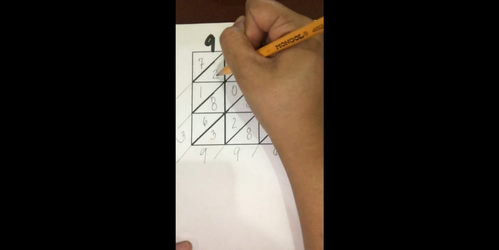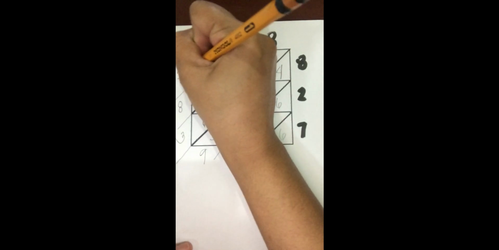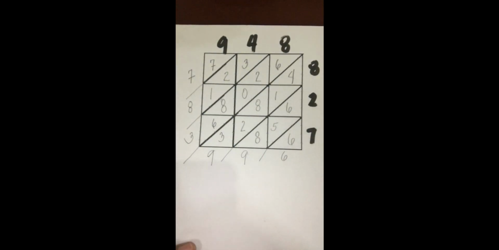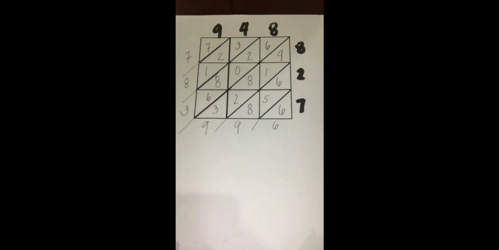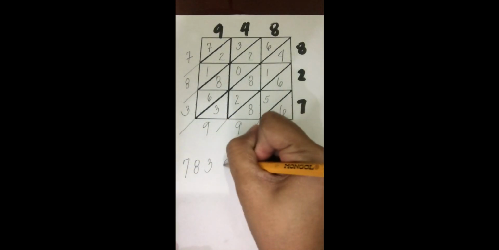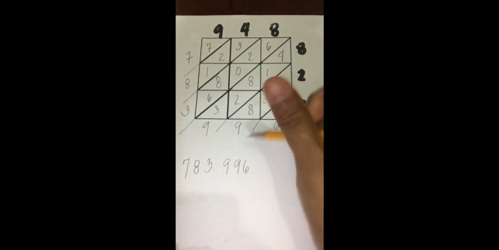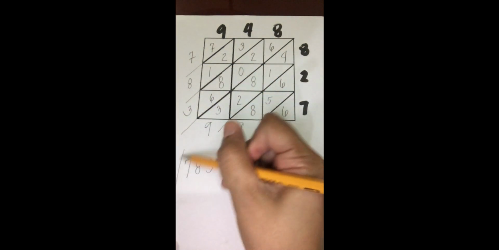Carry 2. 2 plus 3 is 5, 5 plus 2 is 7, plus 1 is 8, and 7. Therefore, the product of 948 times 827 using the Gelosia method is 783,996. That's 783 and 996.